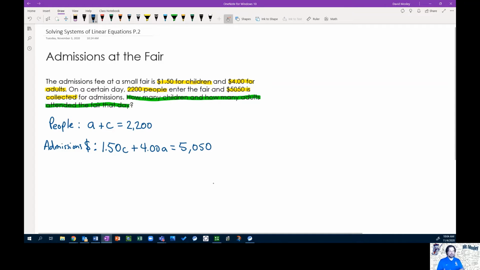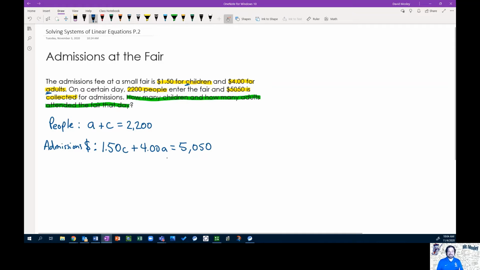So we have these two equations set up. A plus C equals 2,200, where we're using C for children and A for adults. That's the number of people, and we also know how much money was made by those admissions: $1.50 per kid and $4 for an adult.